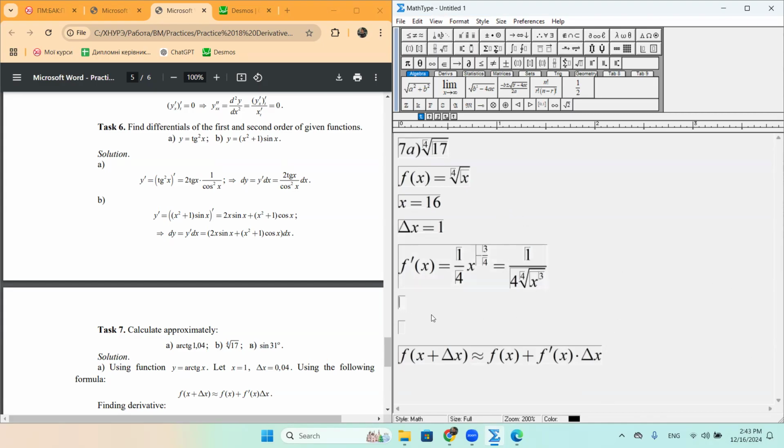Okay. So now calculating this value. So root of the fourth power of 17 approximately equals f of 16 plus f prime of 16 by 1.